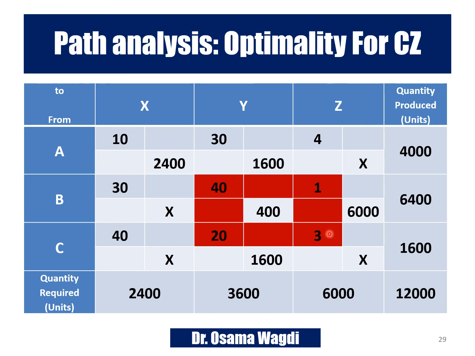So the last empty cell, which is CZ, the transaction is going to be 3 plus 20 minus 40 minus 1, or 3 minus 1 plus 40 minus 20.